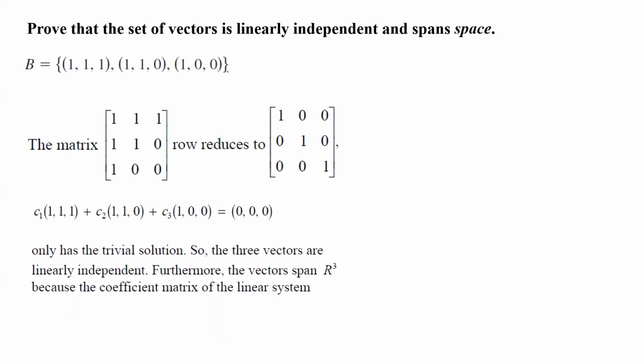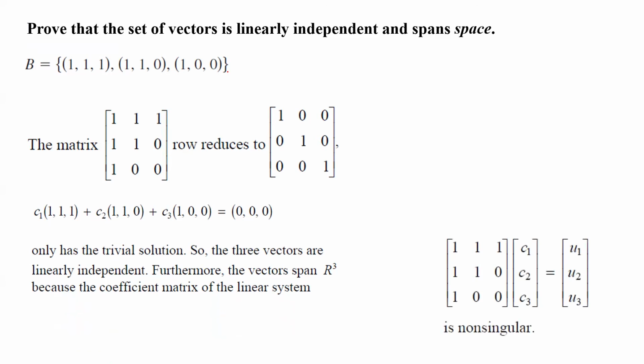The vectors also span the space because the coefficient matrix of the linear system is non-singular. So another piece of information for you. Since you're forming the matrix for the vectors, and this coefficient matrix here is non-singular, you can definitely conclude that these vectors span the space.